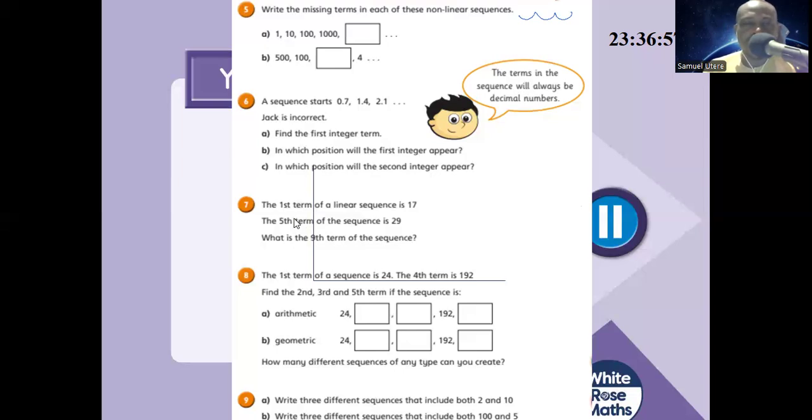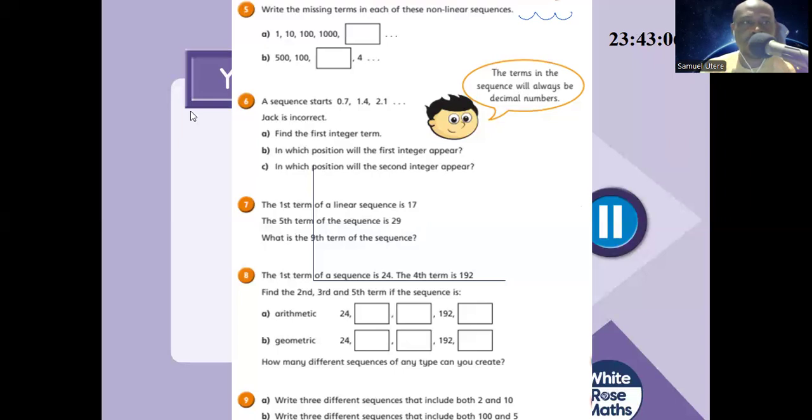And then for question 7, you're told the first term of a linear sequence is 17. The fifth term of the sequence is 29. What is the ninth term of the sequence? Let me just do this one really quick.